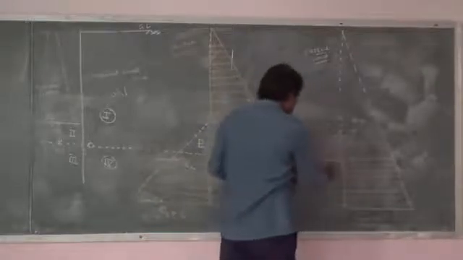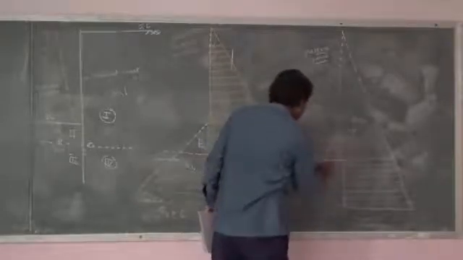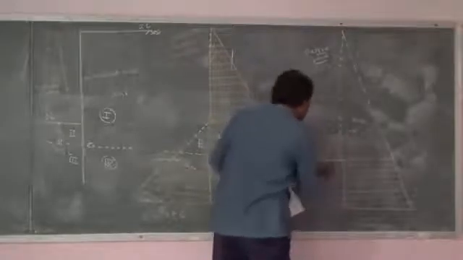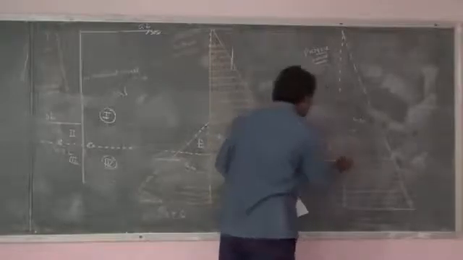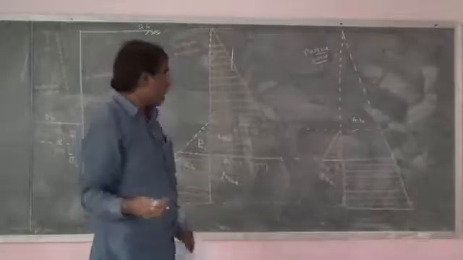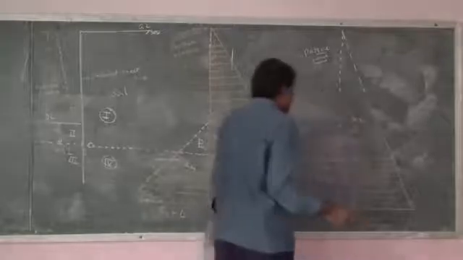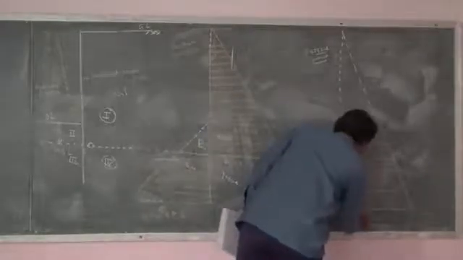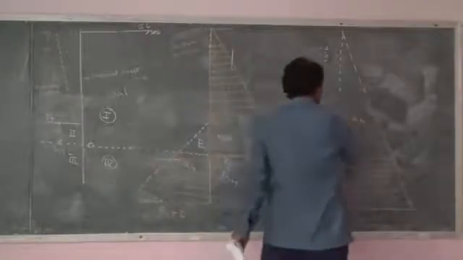And what is the base of this one? You learned in our earth pressure. This is given by Kp gamma into A. This is given by Kp into gamma into A, whereas this is given by Kp into this total height.